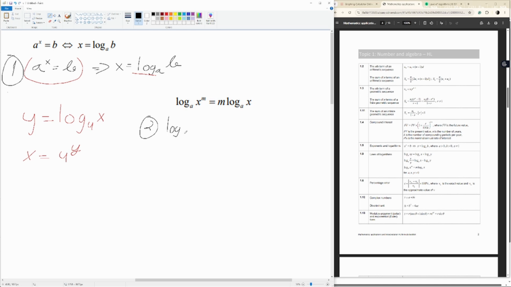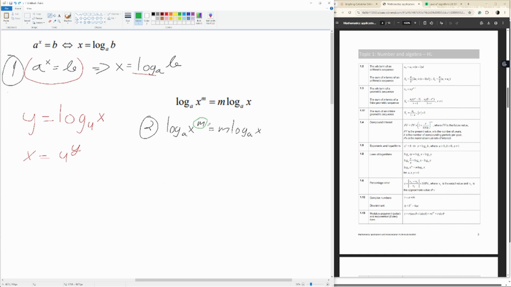log a x^m is equal to m log a x. And this is also very superficial, because if you see an m here, in most cases when you're dealing with logarithmic functions, you have to simplify it down to a better formula.